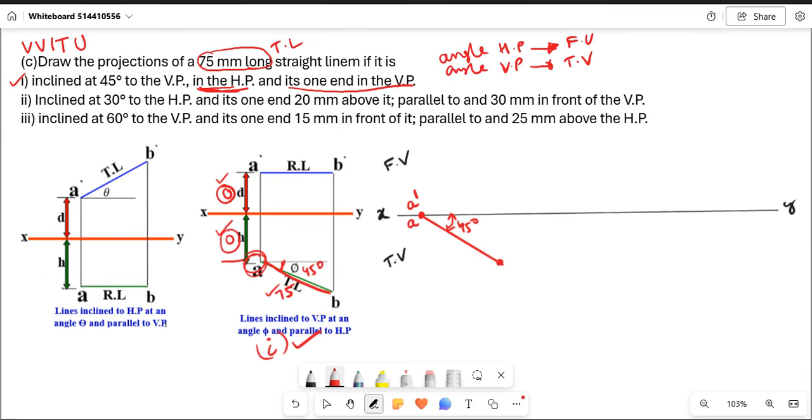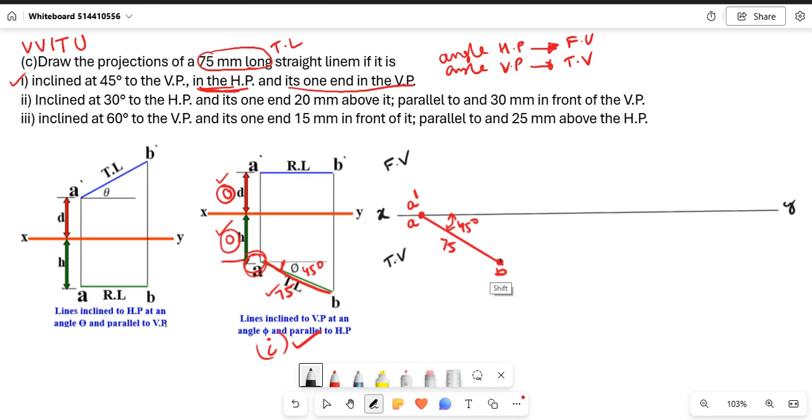This point becomes the B point in the top view, and this length will be 75. Now you can project this B point up to here. Since this distance is 0, B dash is also on the XY line. So this is the B dash point.